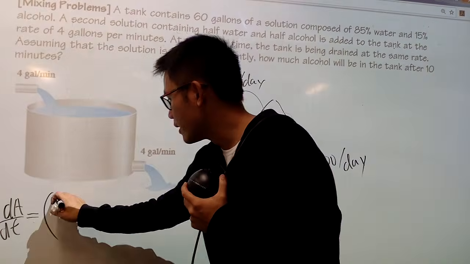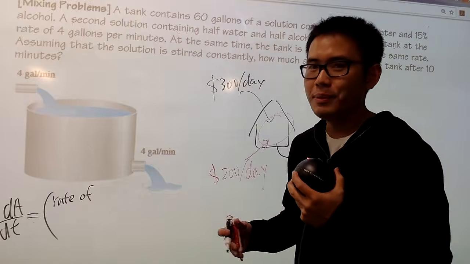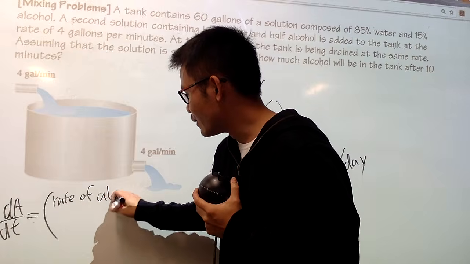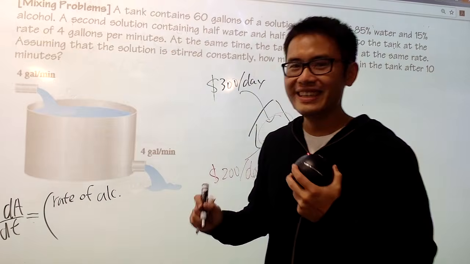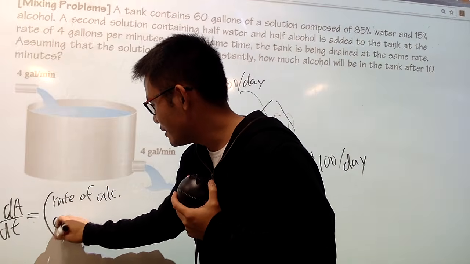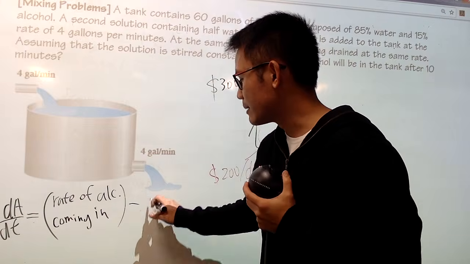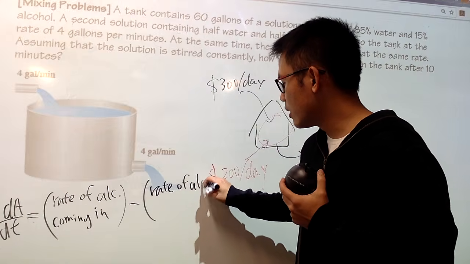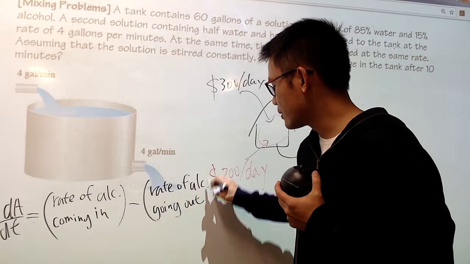And let me write it down. The rate of, and how do you abbreviate alcohol? If you don't know, let me tell you. The rate of ALC, this is the abbreviation for alcohol. You can see this on the bottles. Anyway, the rate of alcohol coming in, and then we have to subtract the rate of alcohol going out, right?